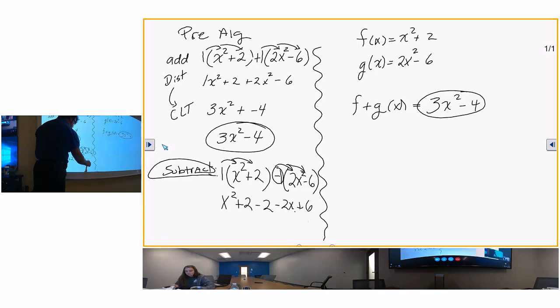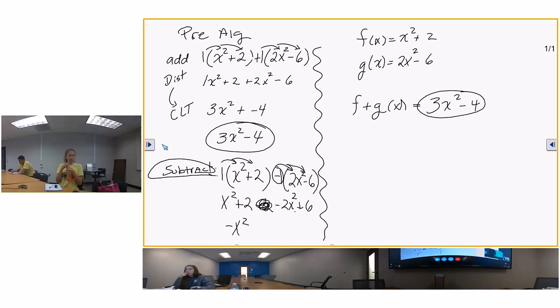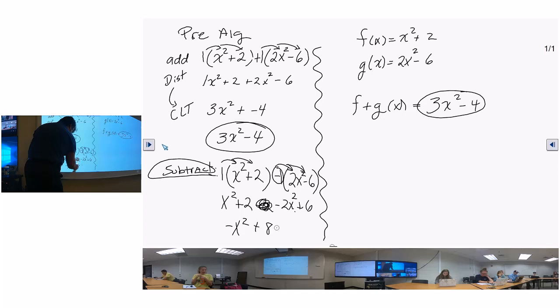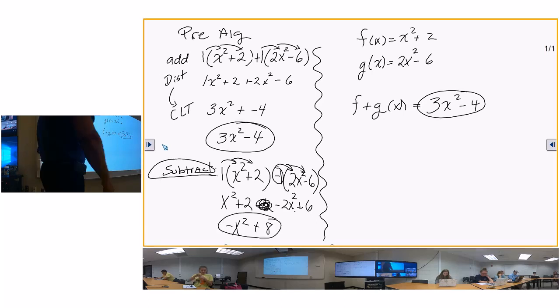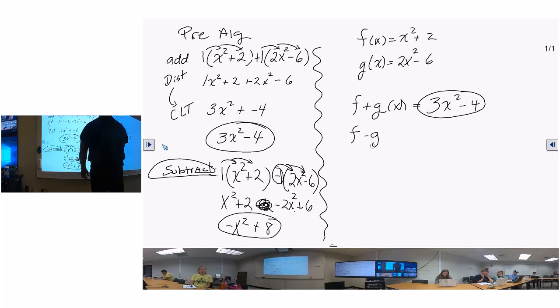And what is x squared minus 2x squared? Minus x squared, Hubert. That's right, class. Okay, what's plus 2 plus 6? 8. That's 8. Thank you. So f minus g of x is equal to negative x squared plus 8.